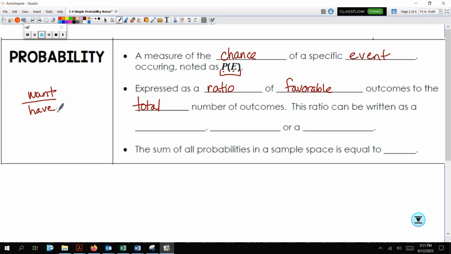The ratio can be written as a fraction. You guys love fractions. It can also be written as a decimal. And it can also be written as a percent. Now, you should be familiar with percents and decimals, right? And then a fraction, I always tell everybody, see the decimal, say the decimal out loud with words, and then write the fraction.